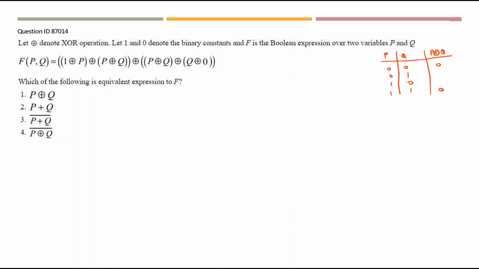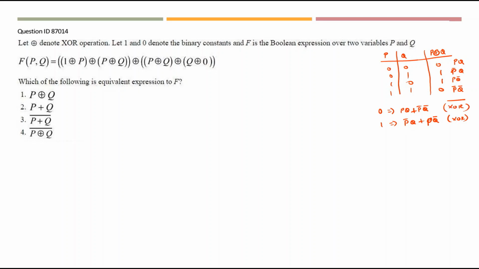Whenever we have different input, we get 1. This is the case of XOR. So the condition for 0 will be PQ, P'Q'. And to get 1, we'll have P'Q plus PQ'. And this will be XOR and this will be negating the XOR.